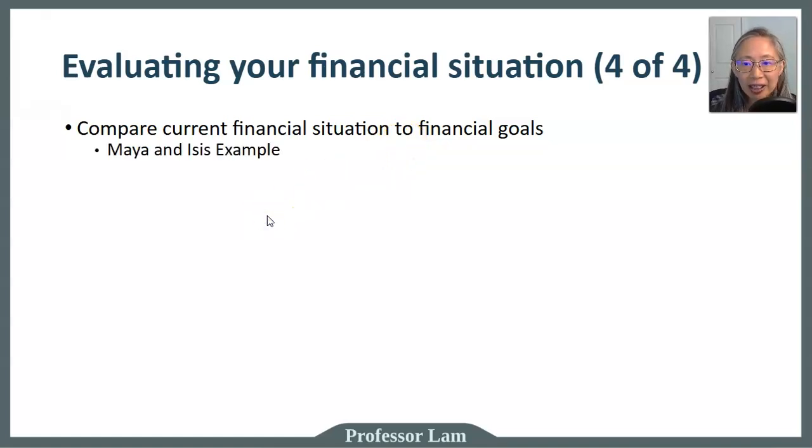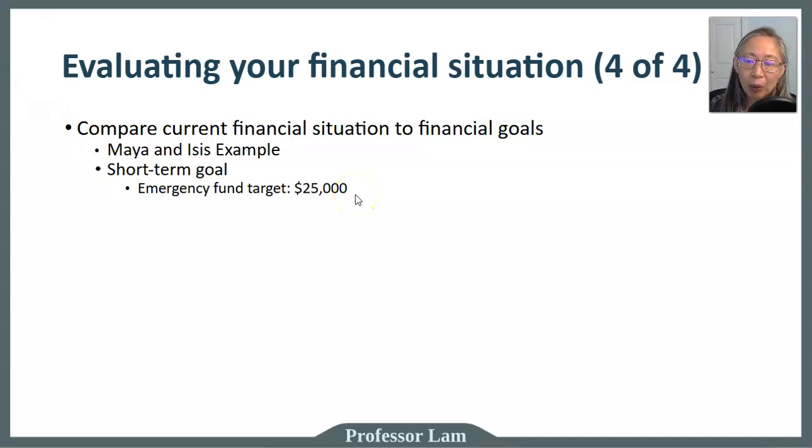Let's use Maya and ISIS as an example again. Remember that their short-term goal is to rebuild the emergency fund. Based on their essential expenses, we determined that between 3 to 6 months, their emergency fund should be somewhere between $17,000 to $34,000. Maya and ISIS decided somewhere in between, they want to have an emergency fund of $25,000.